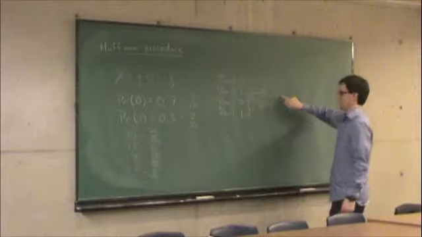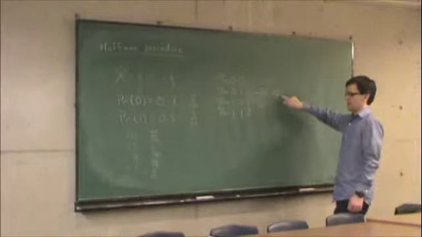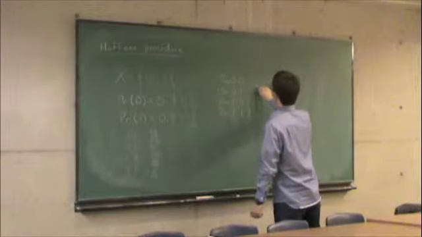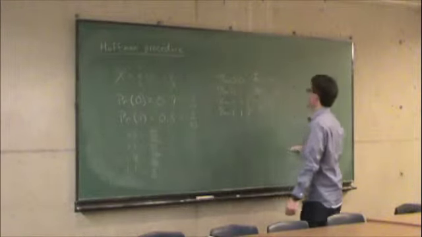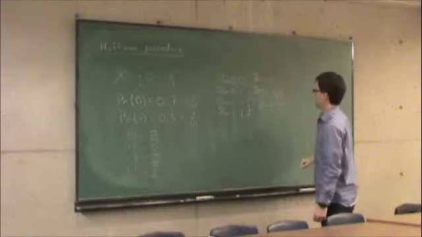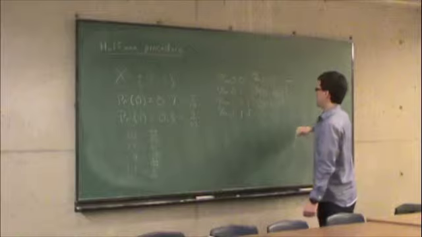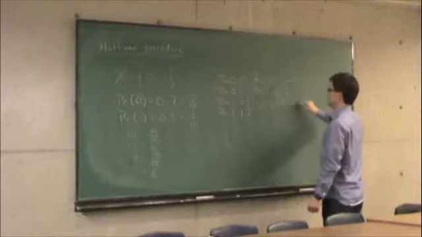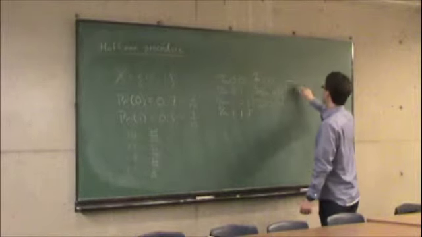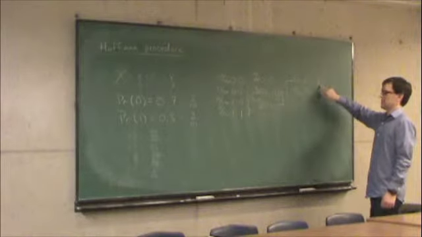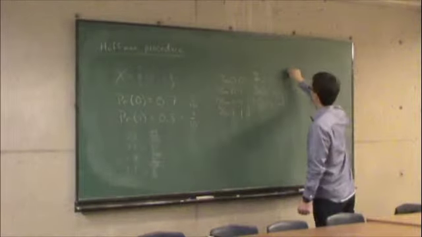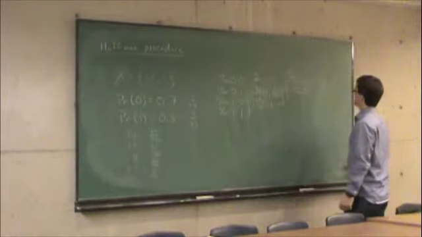The total probability of this event, 1,0 or 1,1, is what? 21 plus 9 is 30, so that's 30 over 100. And this is still 49 over 100. Let's combine these two, and I get 1,0, 1,1, 0,1, and 0,0. This super event has what probability? 51 over 100. And then I'm done.